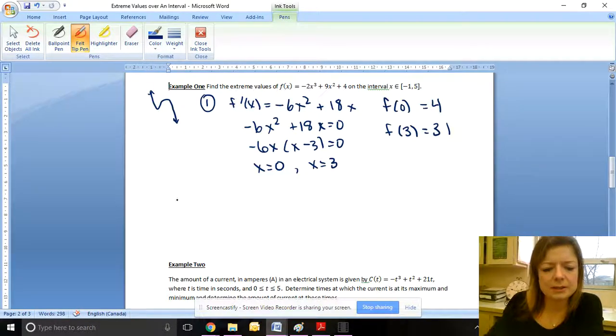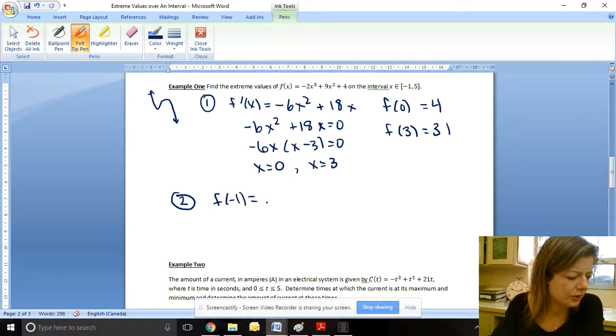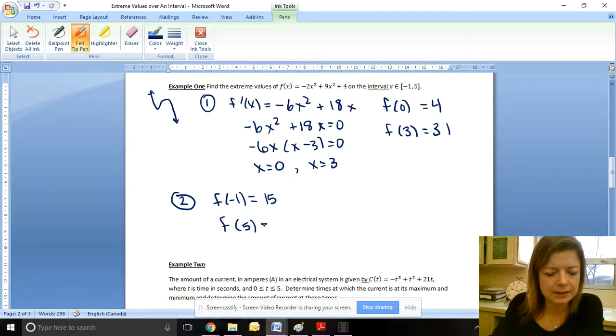So now we just need to go to step 2, where we look at the interval. So this interval is from -1 to 5. So we just have to see, does one of these x values give us a y that's either lower than 4 or higher than 31? So f at -1, if you put it into the function, gives us 15. And f at 5 gives us -21.